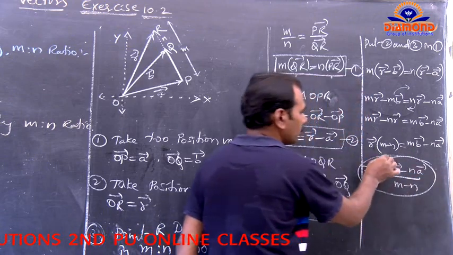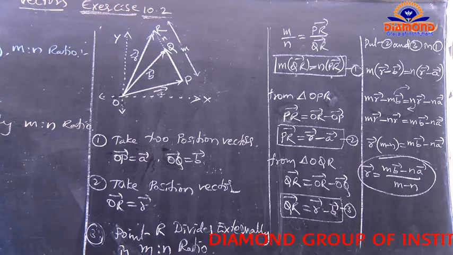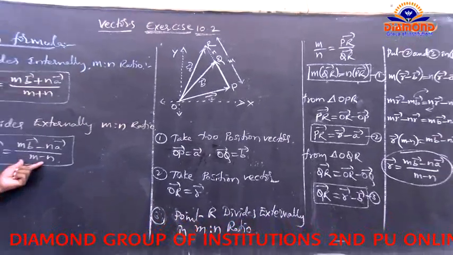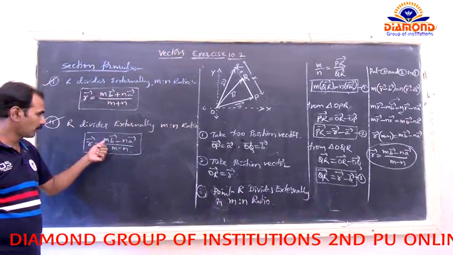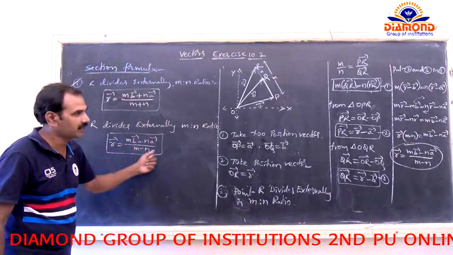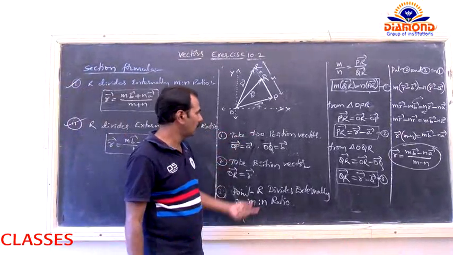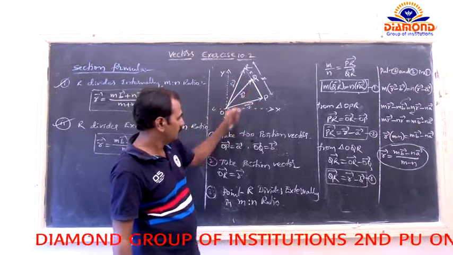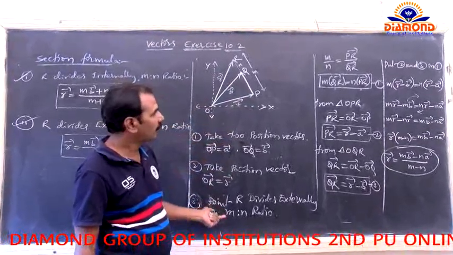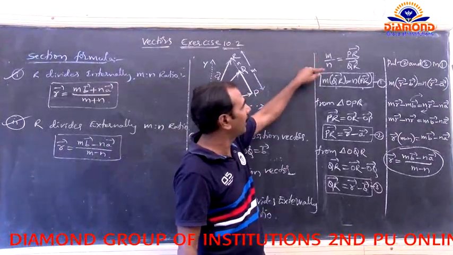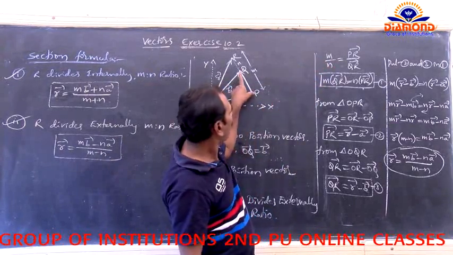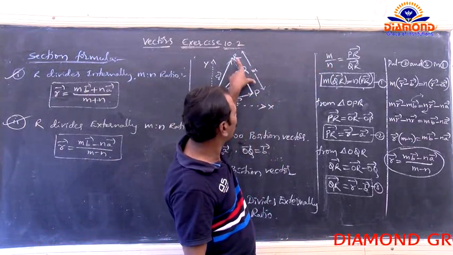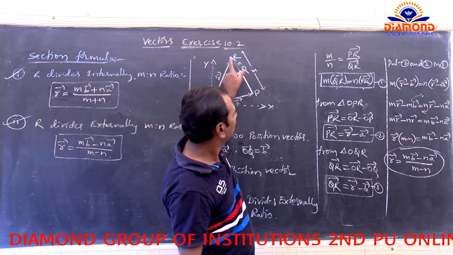This is R externally divides in the relation M is to N. R bar equal to M B bar minus N A bar divided by M minus N. So first of all, we take this diagram. Next three steps. Afterwards, take the ratio M by N. PR means M units, this is N units extra.